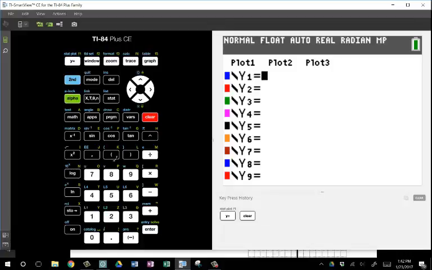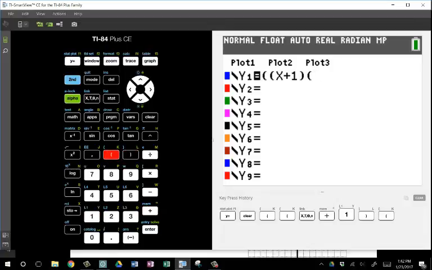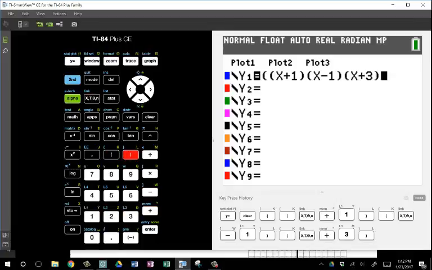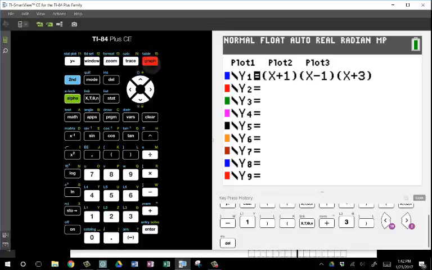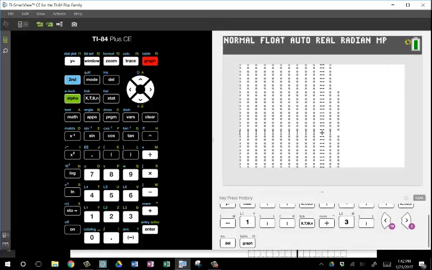And let's go x plus 1 times x minus 1 times x plus 3. And once you have that done, hit the graph button.